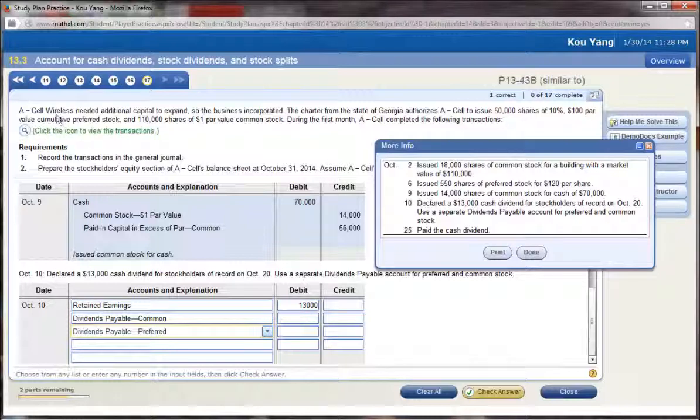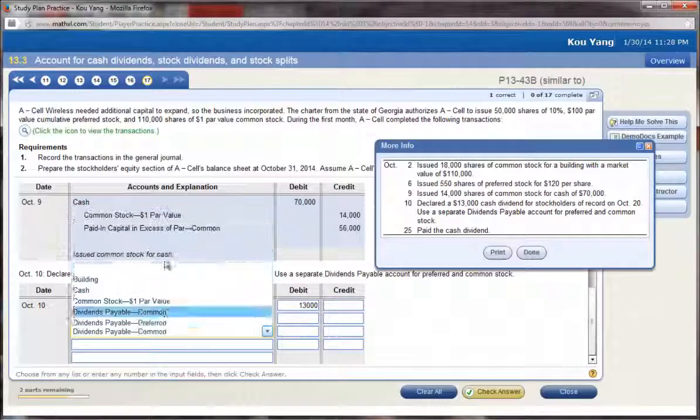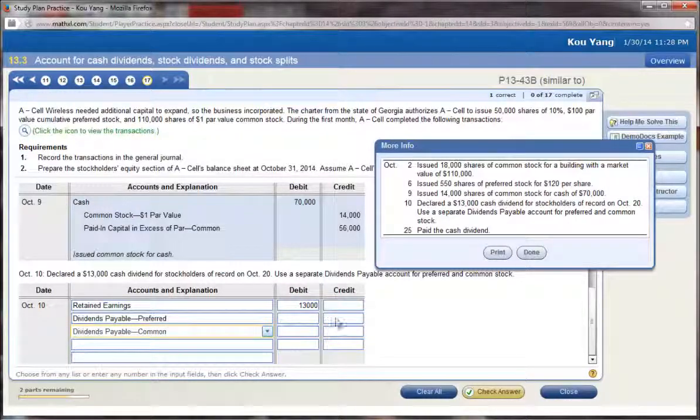So here our preferred stock is cumulative, and cumulative once again means that if total dividends for that year were paid out and all of the preferred, and let's put preferred first, was not satisfied, they have to satisfy the amount in arrears in the following year. So just to keep that in mind.